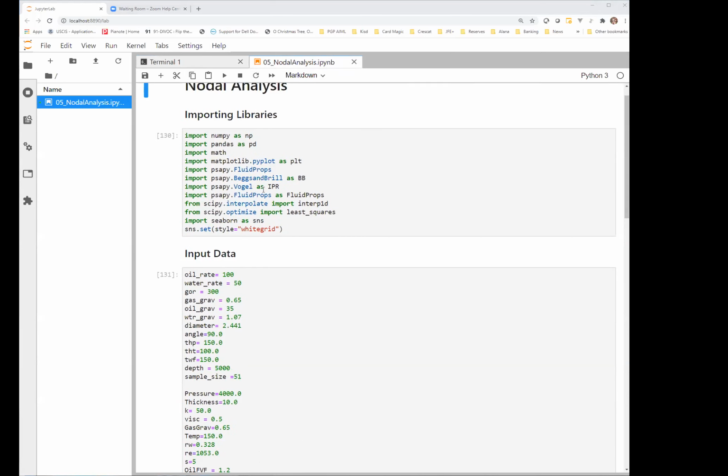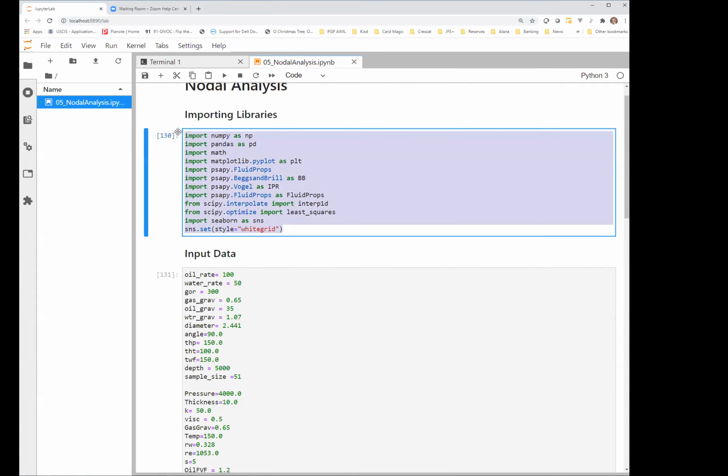Very similar. So we're going to be importing the libraries: NumPy, Pandas, Math. I don't think we're going to be using Math, to be honest, right here. Matplotlib for plotting. And within the psapy, remember we have fluid probes, which is the library related to PVT correlations. Within psapy, we also have Beggs and Brill.